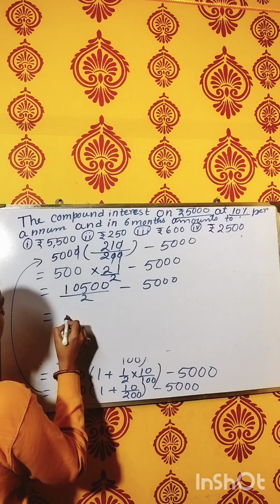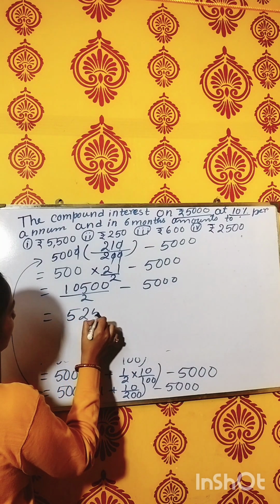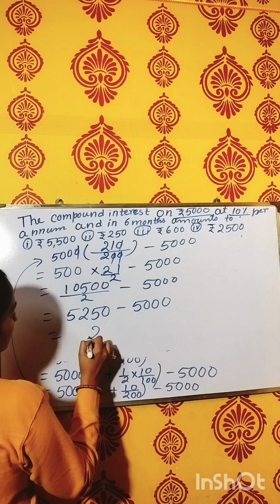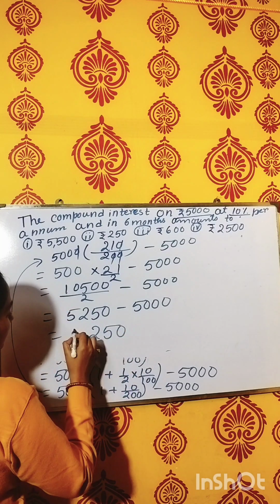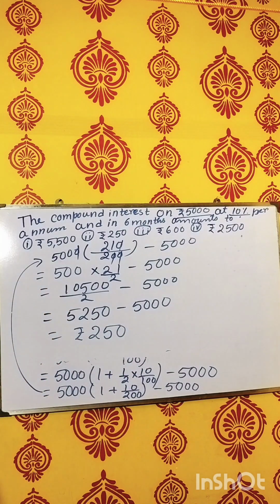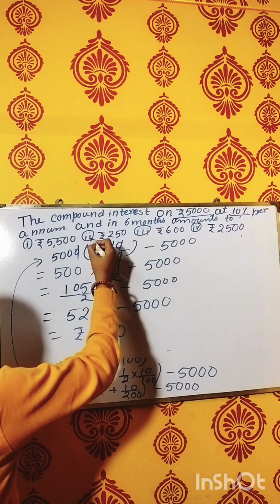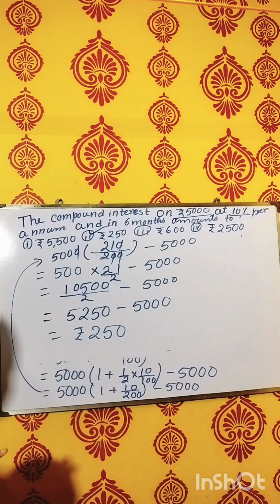That means 5,250 minus 5,000. Therefore, the compound interest will be ₹250. That will be the correct option, option number 2.